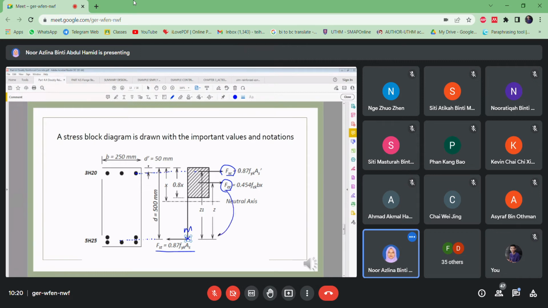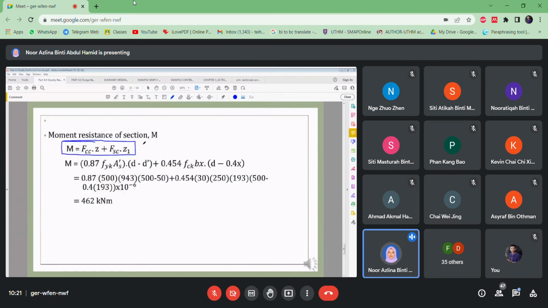FCC multiply with the depth here to this point. So and also FSC darab dengan Z1, FCC darab dengan Z. Okay, dapatkan moment pada point still. Okay, so that is how these equations are obtained here.